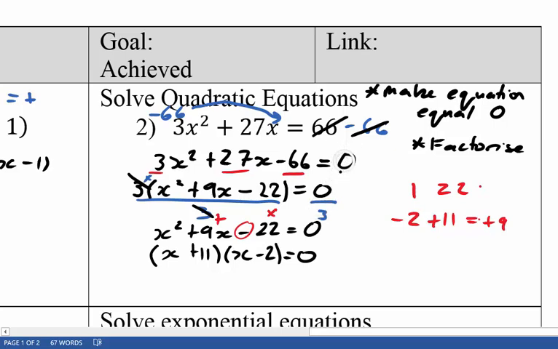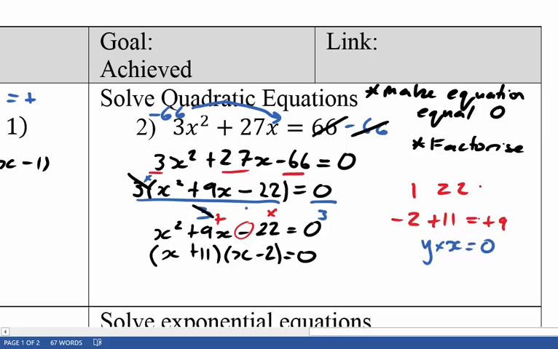Note how I've kept this 0 the whole way down. Make sure you're doing that. Don't just fall back on writing this part and ignoring that 0. It's very important it stays there. Now, remember, if I have two things, y times x, and they equal 0, either one of them must be 0, or both of them must be 0.